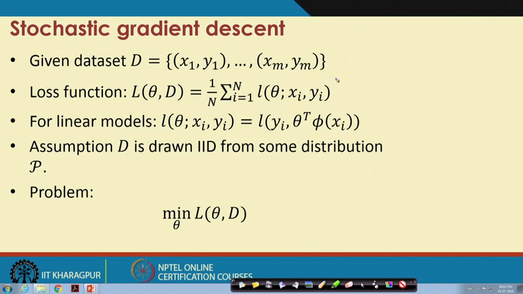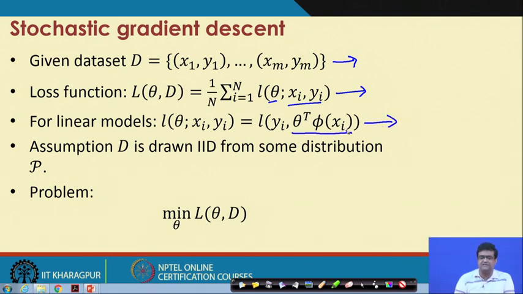As usual, you have a data set of m points and you have the total loss function, which is a sum of L loss functions, and you have the parameter theta and you have the input xi and yi. Now, we can assume that for linear models your predictor is nothing but some theta transpose phi of xi, even though this is not exactly necessary for the proof to go through, but we can assume this. Okay.